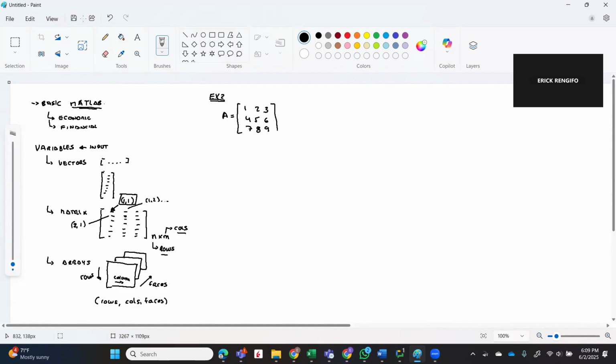Just let's create this matrix A. And let's create another matrix B, for example, which can be, let's say, 9, 10, 11, 12, 13, 14. Just any numbers, okay? Let's create these matrices A and B, and then we're going to try to do a lot of things here.